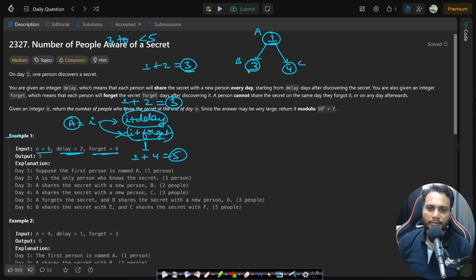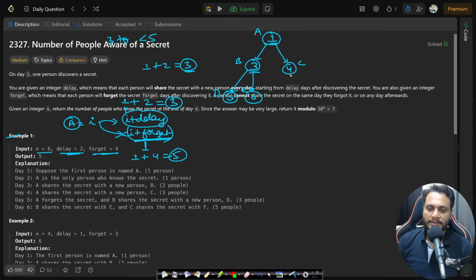Now let's talk about B. Again, B will have the delay of 2, so it will be sharing on day 5 with another person D, and it will be sharing with another person on day 6, which is E. Now on day 7 it cannot share because it will be outside of the range of i plus forget. 3 plus 4 will be 7, and so the range should be less than 7, right?